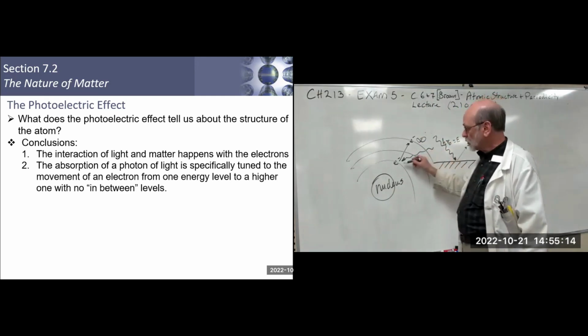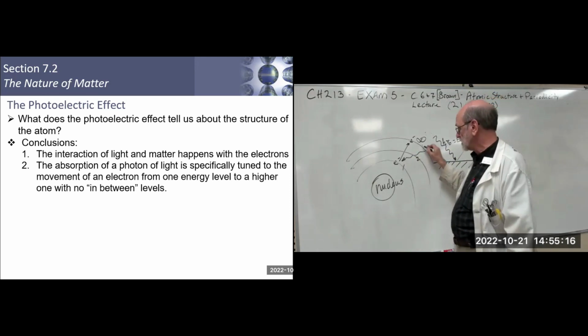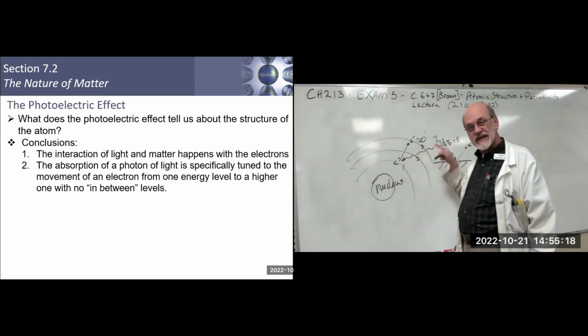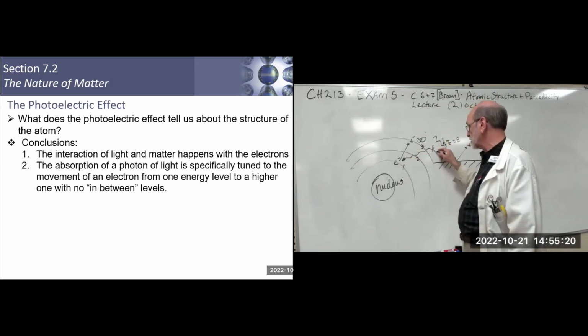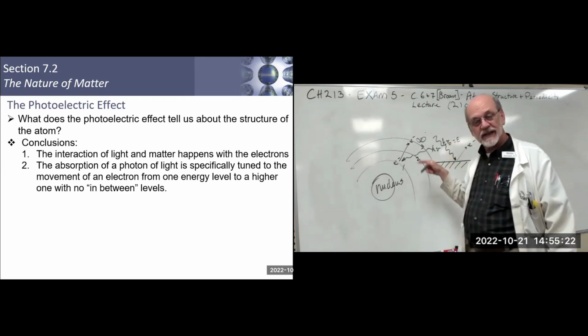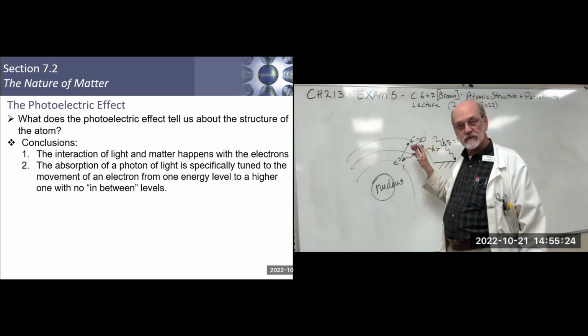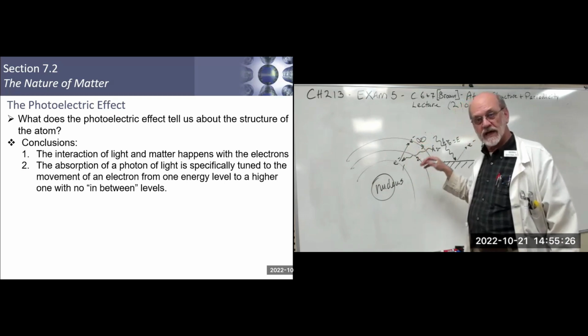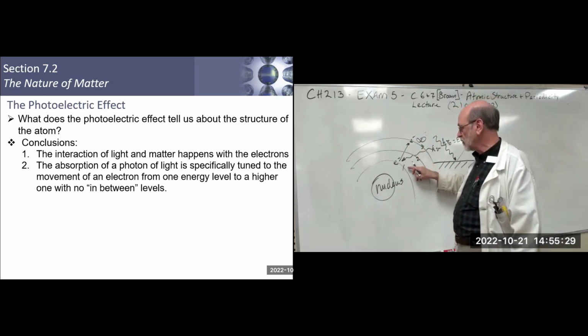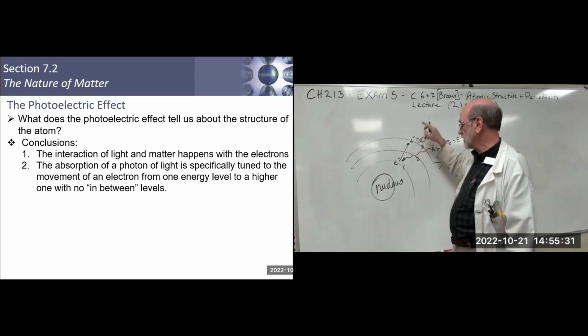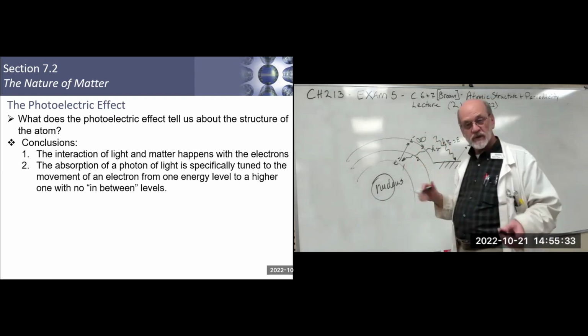Now, if it only goes between these energy levels, right here, it has to be exactly the right amount of energy, right? Anything less, anything more won't promote the electron. It has to be exactly the right amount to go from this level to the next level, or that one to another level, whatever the case may be.